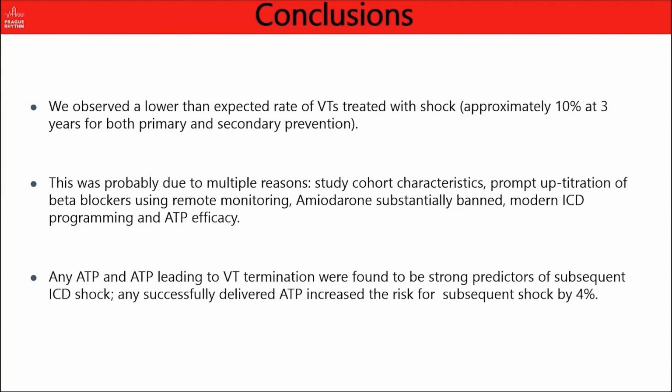And that was probably related to multiple reasons: study core characteristics, prompt uptitration of beta blockers during remote monitoring, avoidance of amiodarone treatment, and modern ICD programming and anti-tachycardia pacing efficacy. Also, considering ATP, any ATP leading to VT termination was found to be a strong predictor of subsequent ICD shock. Actually, any successfully delivered ATP increased the risk for subsequent shock by 4%.